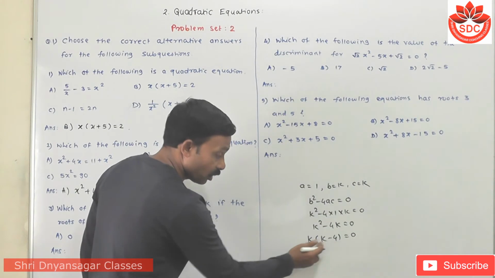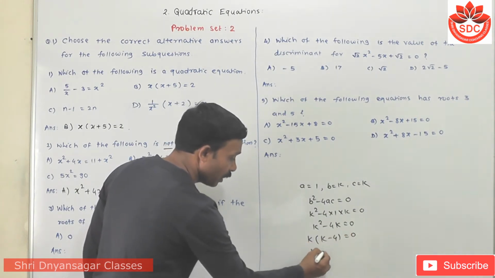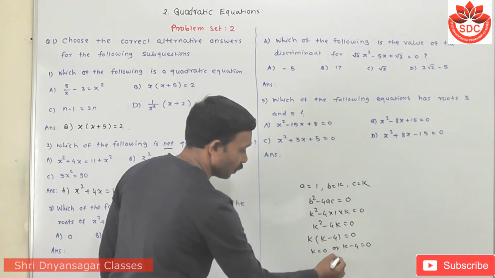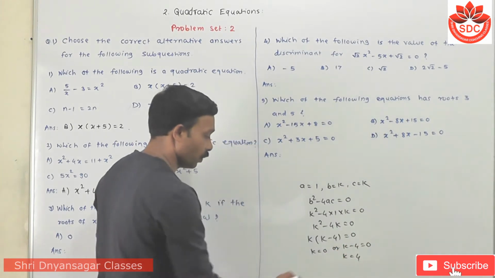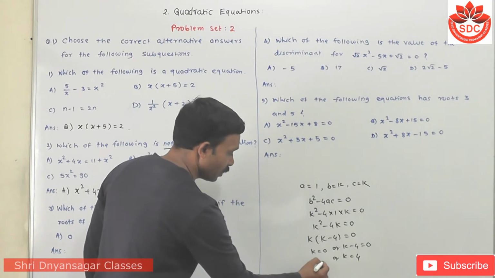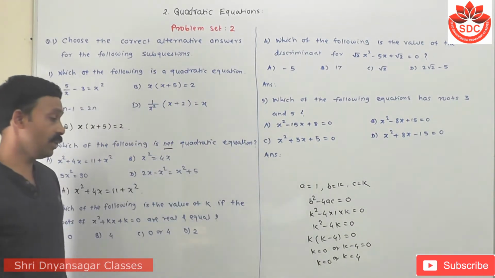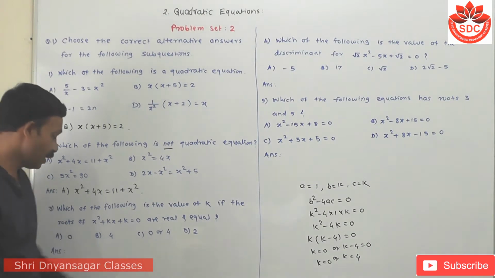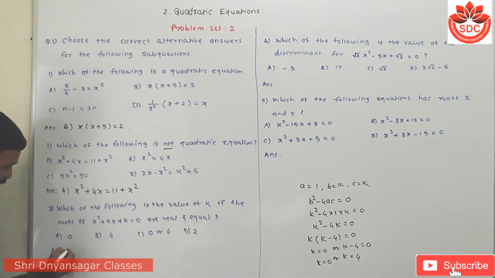Meaning if the product of two terms is 0, then k is equal to 0, or k minus 4 is also equal to 0. Meaning k is equal to how much? 4. So the answer is k is equal to 0 and 4. Here k is equal to 0 and 4 is C. So the answer of the third sub question is C. The answer is 0 or 4.